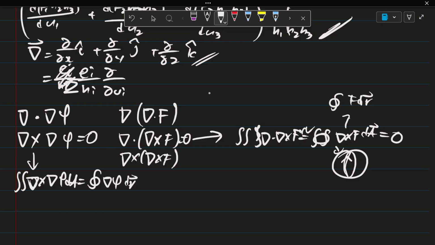And so these are the 2 interesting facts about higher order derivatives. Another one is the divergence of the gradient, and this is called the Laplacian.